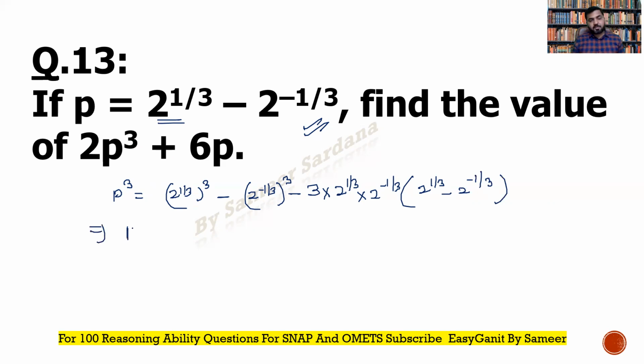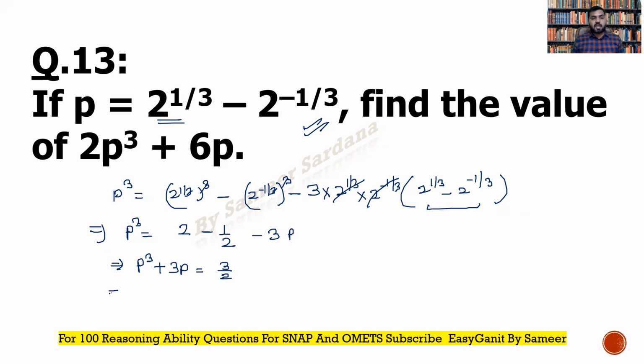Now just simplify it. P cube will be equal to, now this gets cancelled. This is 2, this gets cancelled. This would be minus 1 upon 2. Now 2 power 1 by 3 into 2 power minus 1 by 3 is 2 power 0. That is minus 3. Now this whole expression is equal to P itself, right? Now you get to know that P cube plus 3P will be equal to 2 minus 1 upon 2, that is 3 by 2.